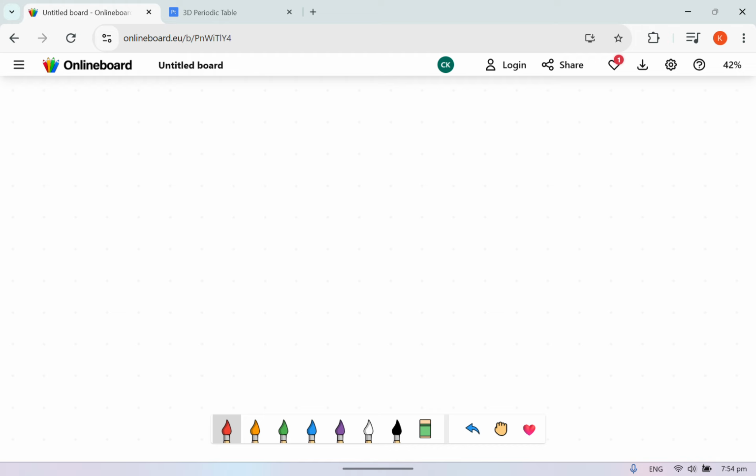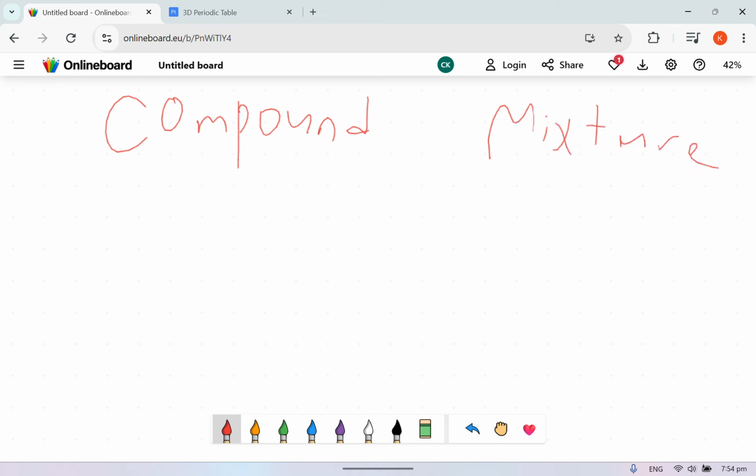And just to help you visualize the differences between compounds and mixtures, I'm gonna make a little list, like how I did for the metals and non-metals. Compound, mixture. Compound has a fixed composition. This one is not fixed.